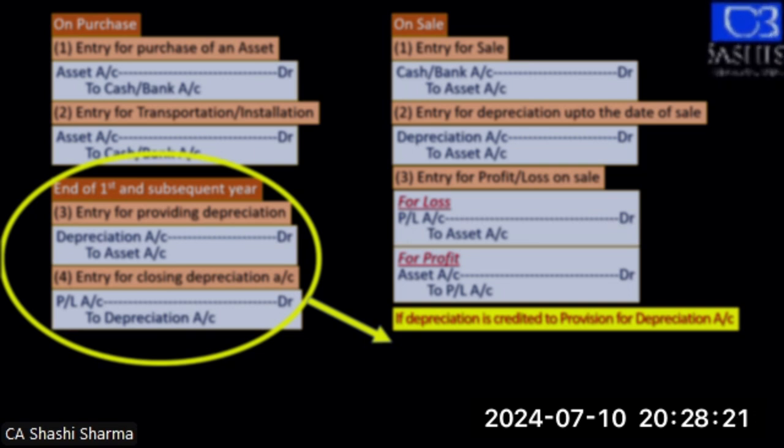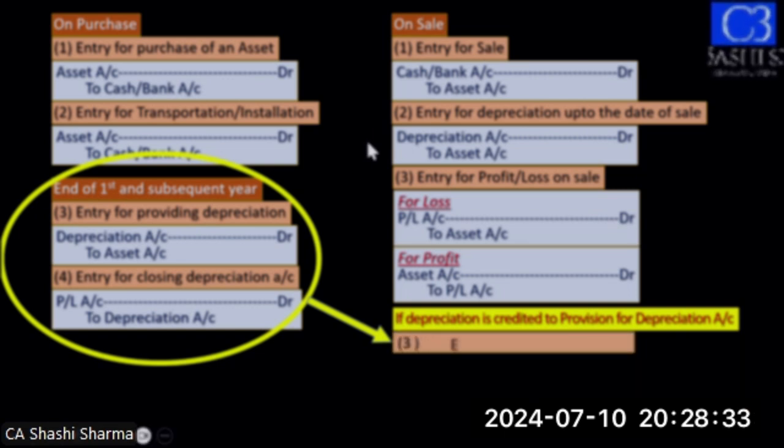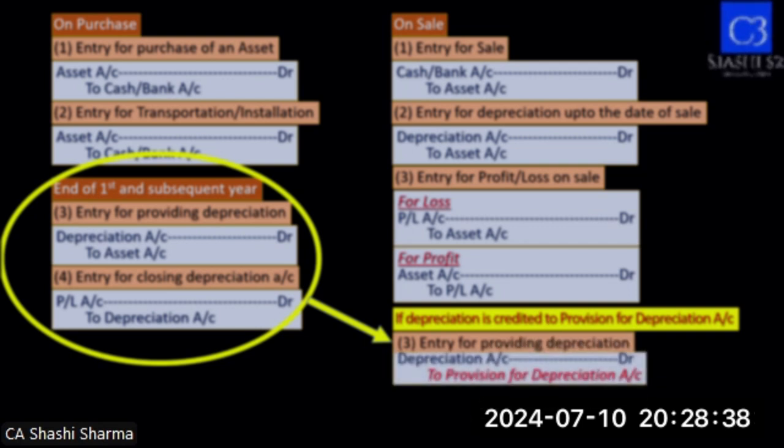And if the depreciation is being credited to a separate account and not to the asset account, the entry will be depreciation account debit to provision for depreciation account and not asset account.